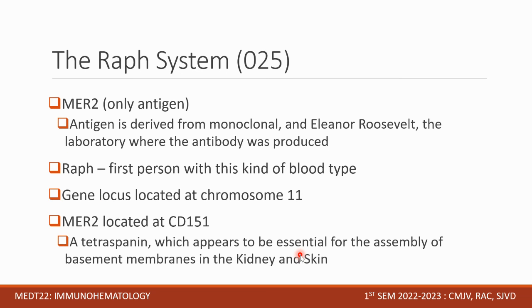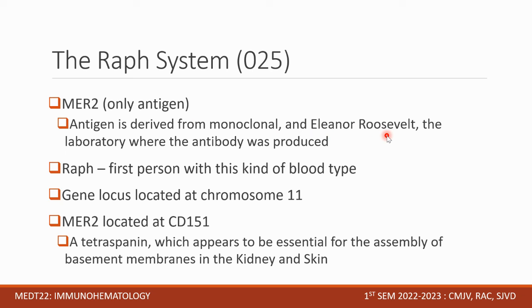The RAPH system, 025. MER2 is the only antigen in the RAPH system. The name MER2 is derived from the monoclonal antibody, produced at the Eleanor Roosevelt laboratory, where the antibody was produced.